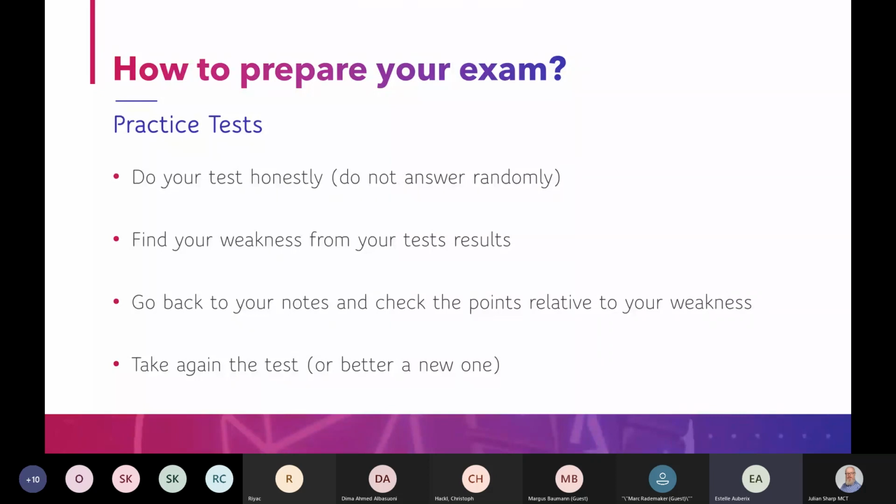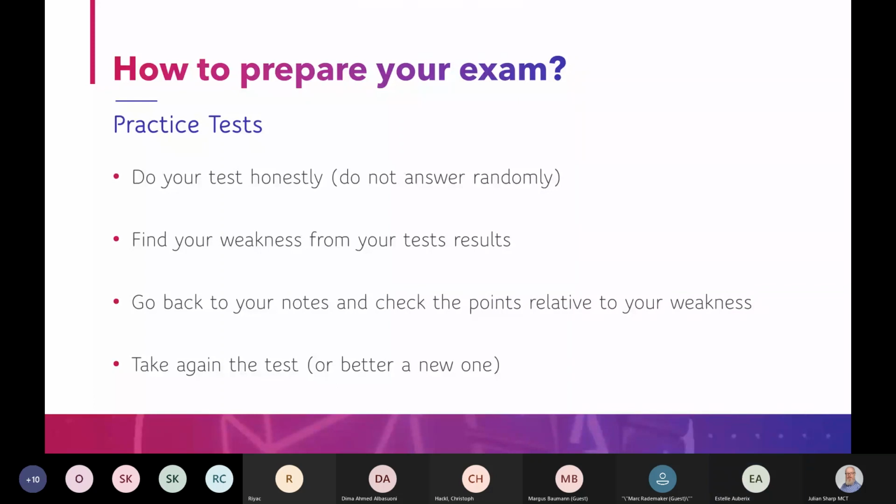I know that it's comfortable to work on your strengths, but that's not really efficient for the exam, because you have to level down your weaknesses.